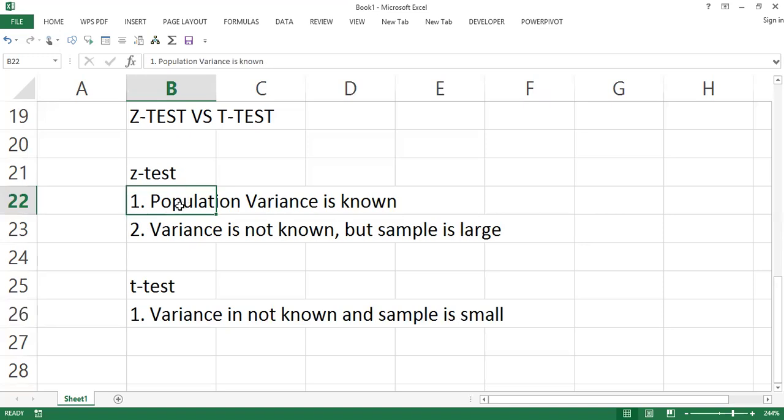So if you have a small sample, you cannot use the variance of that small sample to substitute population variance. Then you have to be talking of a large sample in such a case.